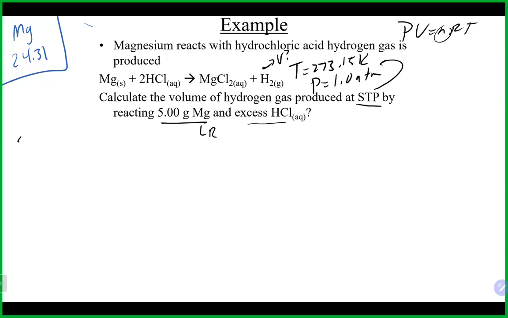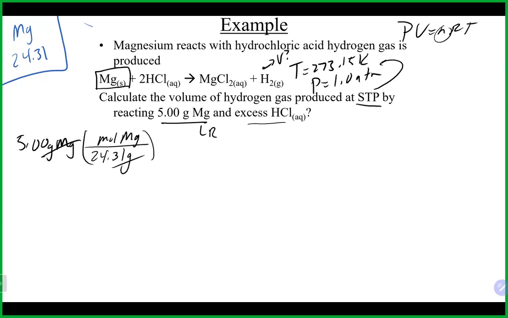And we're going to take our 5 grams here of magnesium. We'll use the molar mass there from the periodic table to convert it into moles. Grams are going to cancel. Again, we don't need moles of magnesium. We really need to get over here to moles of hydrogen.